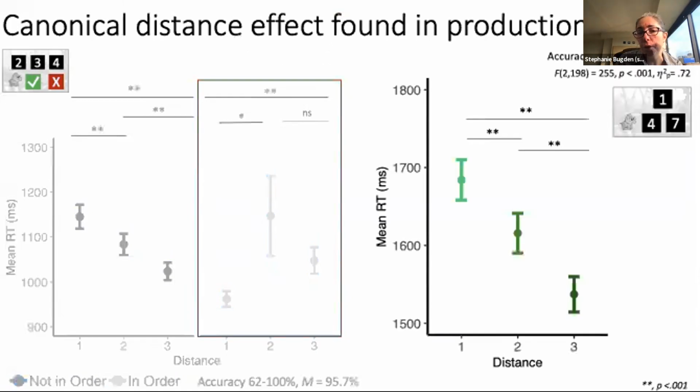However, unlike the order verification task, and contrary to what I initially hypothesized, we did find a significant canonical distance effect in the ordinal production task. You can see it's quite large: mean reaction times are substantially longer for distance 1 relative to 2 and 3.